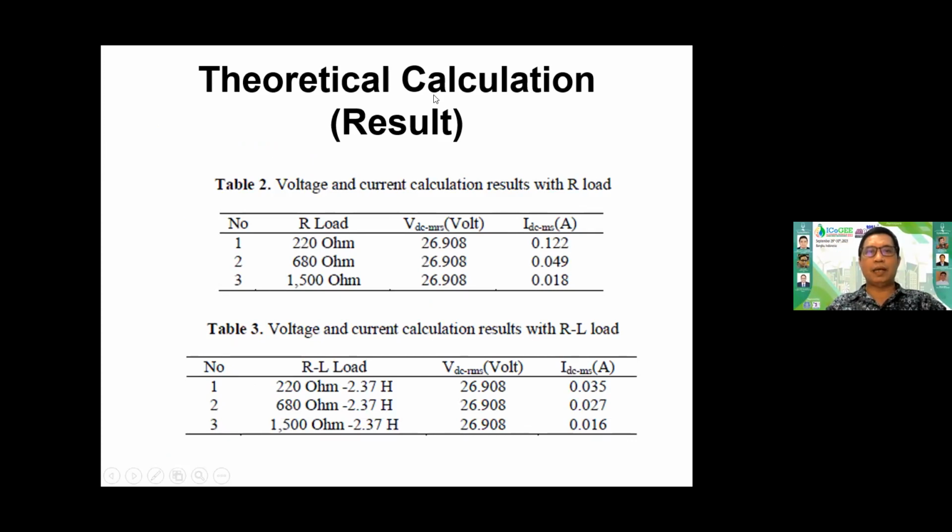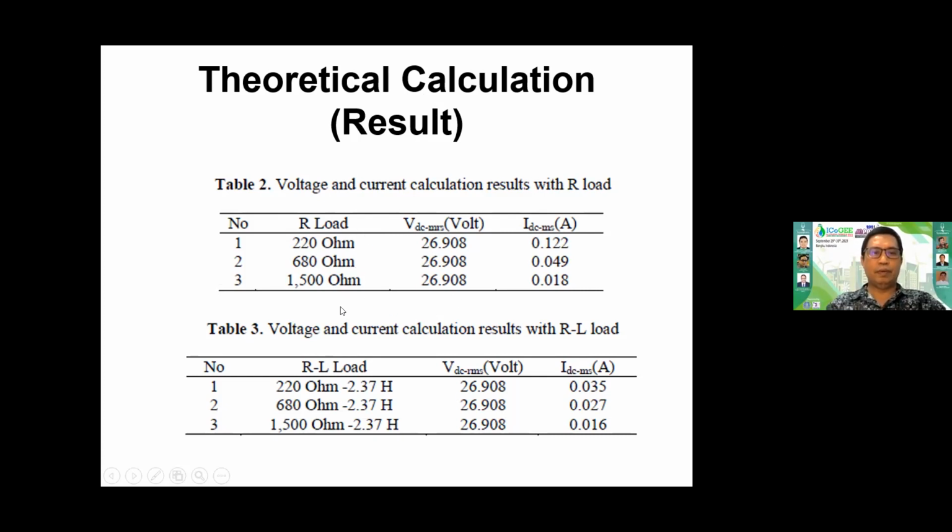The theoretical calculation can be shown as table 2 and table 3. We found the values of voltage in DC RMS and voltage and current in DC RMS for the 3 loop.